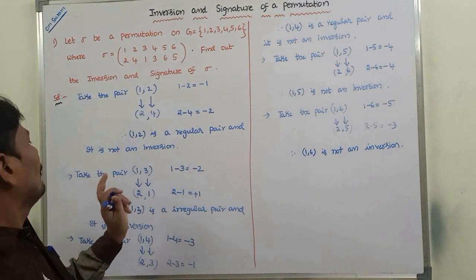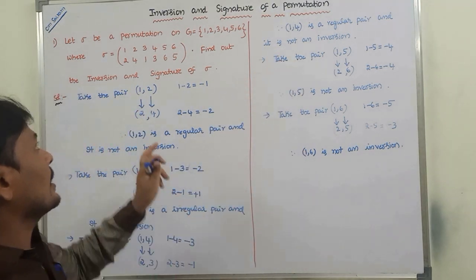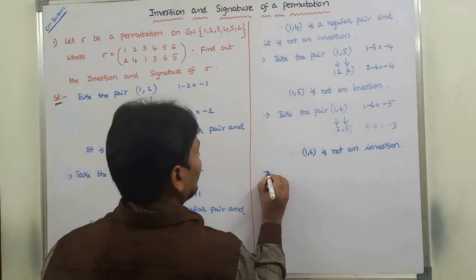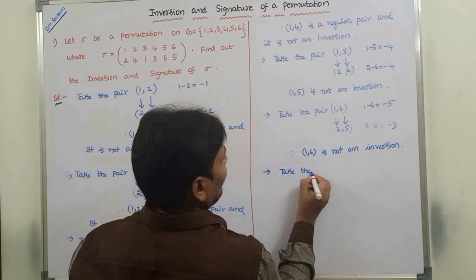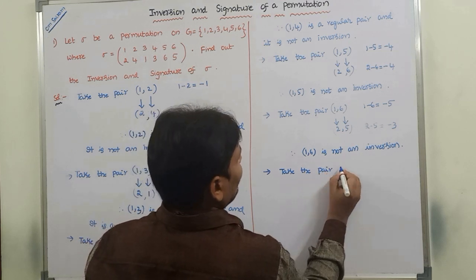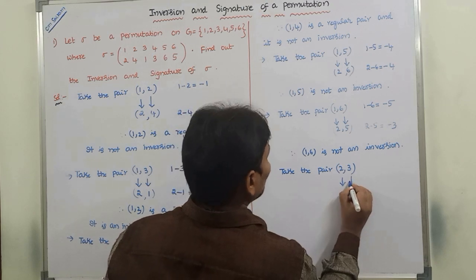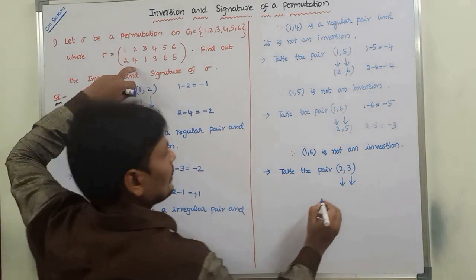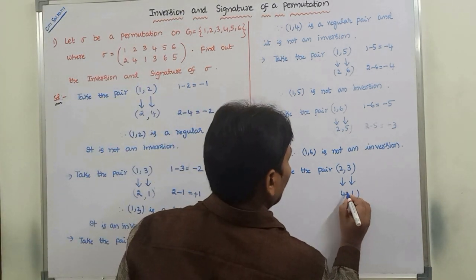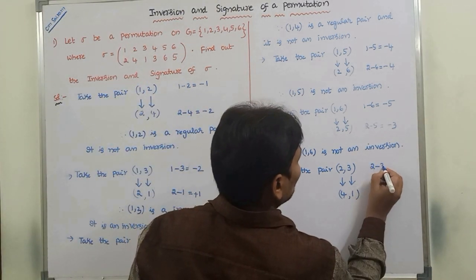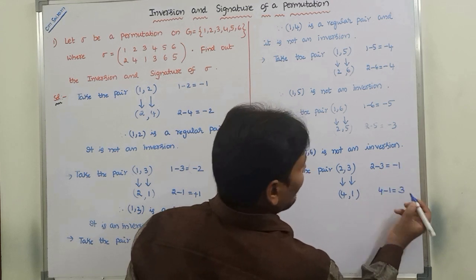1,2, 1,3, 1,4, 1,5, 1,6. Now we can go for 2,3. Take the pair 2,3. Here 2's image is 4, 3's image is 1. The difference 2 minus 3 is equal to minus 1, and 4 minus 1 is equal to 3.